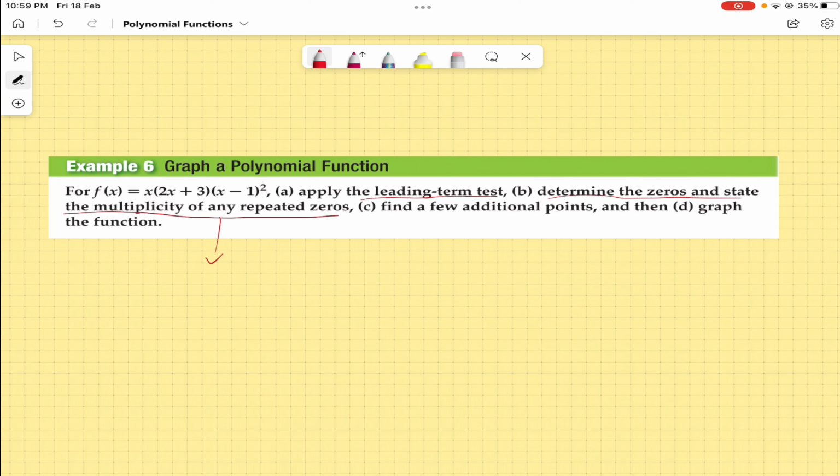And what is the benefit of multiplicity? It tells us whether the graph crosses the x-axis or is tangent to the x-axis at this point. We're gonna talk about it in detail. And then we find more points that allow us to graph perfectly.